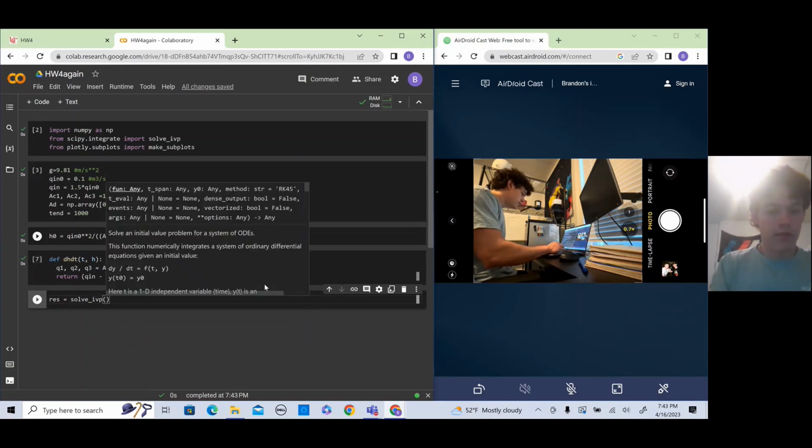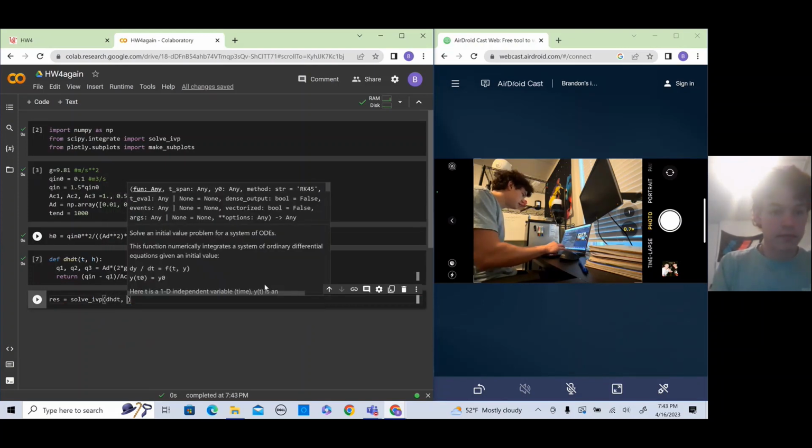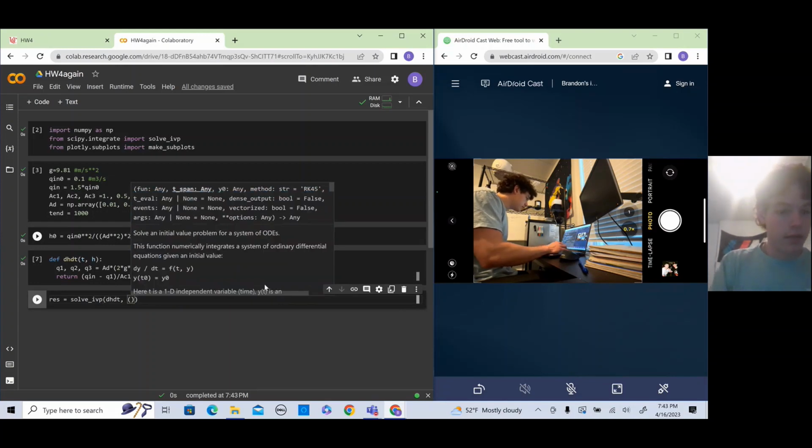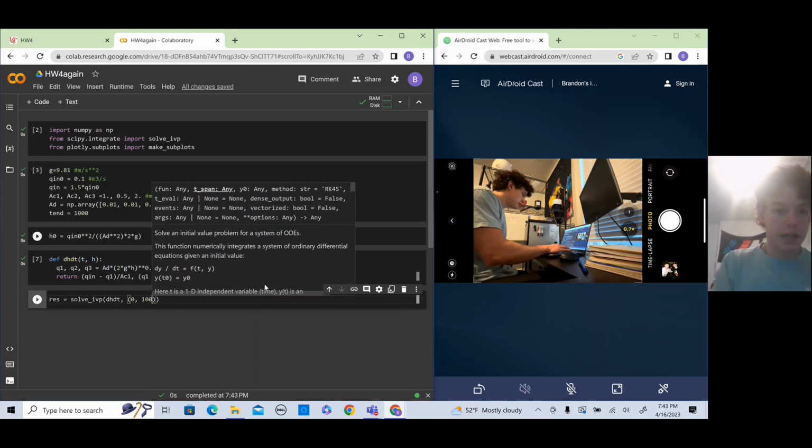We want to solve our function dHdt. The next thing we need is the range on which this will work. So does this need to be, I cannot remember, but we'll go here for now. We'll go 0 to t_end.